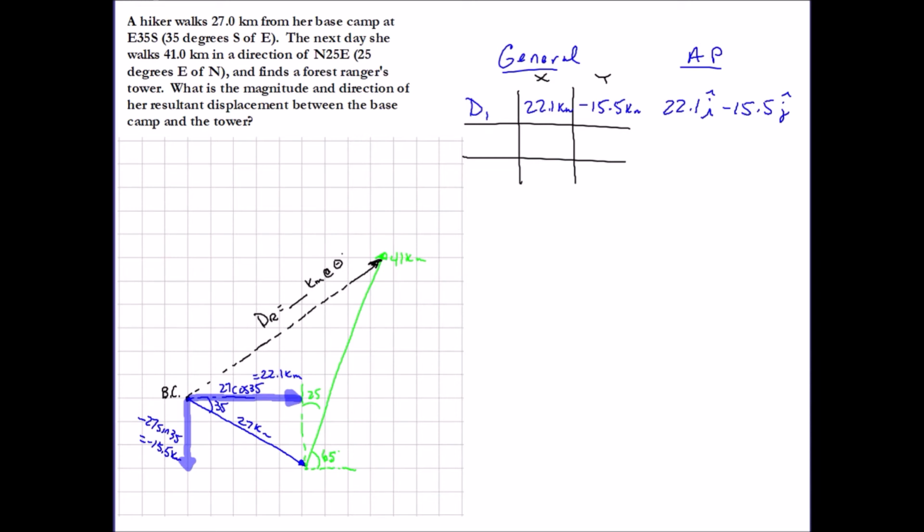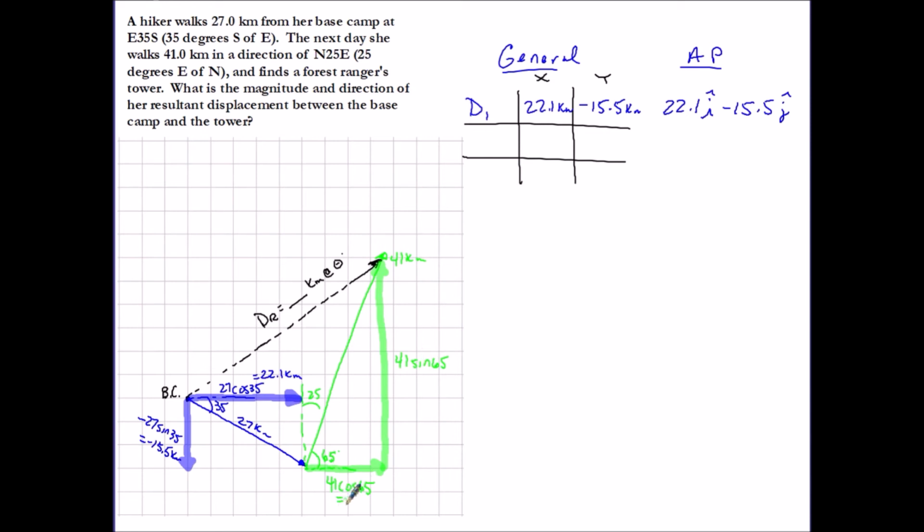Now for d sub 2, let's go ahead and resolve that into its two components. Again, I'm going to use green for this one, and I'm going to choose to actually make a right triangle out of this. A bit easier to see for that one right here. And so for that one, the x component would be 41 cosine 65, and the y component would be 41 sine 65. And again, if I'm using my reference angle relative to the x-axis, then cosine will always get me the x, sine will always get me the y.